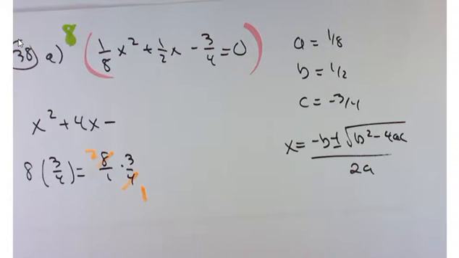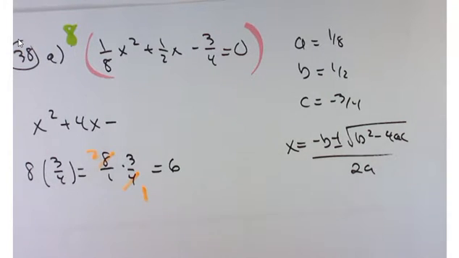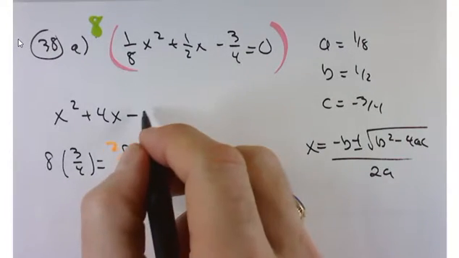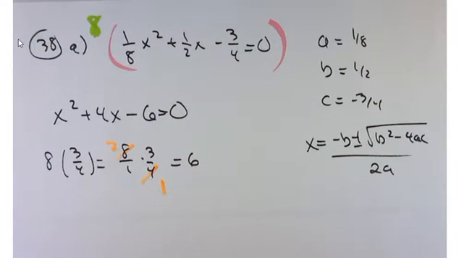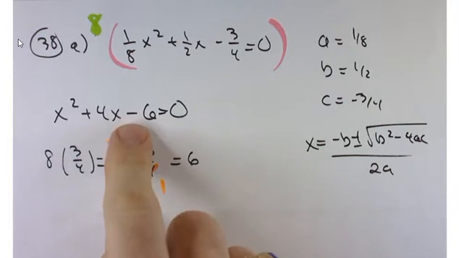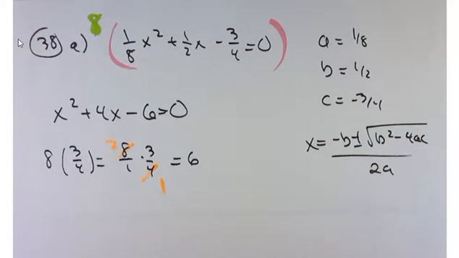So I'm left with 6 up here. x squared plus 4x minus 6 equals 0. Nice. That's all they wanted in this, is to make it a more manageable equation.